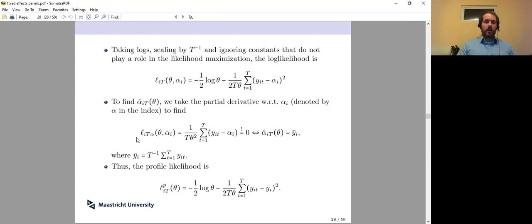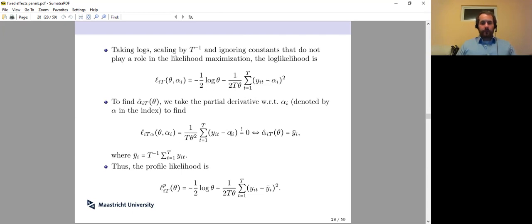Okay, now let's calculate the profile likelihood. In order to do so, we need to find alpha hat. So alpha hat, remember, is the maximizer of this thing in the alpha component. So in order to maximize it, we take the derivative of this with respect to alpha and set it to 0. So there's no alpha here, there's only an alpha here.